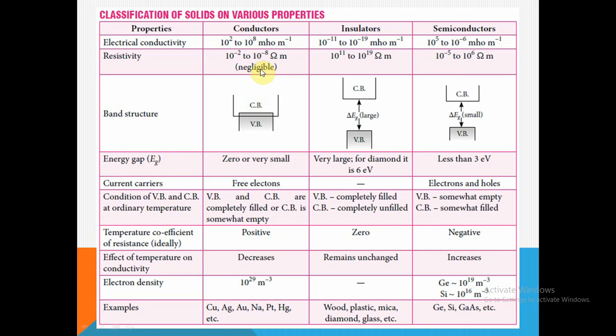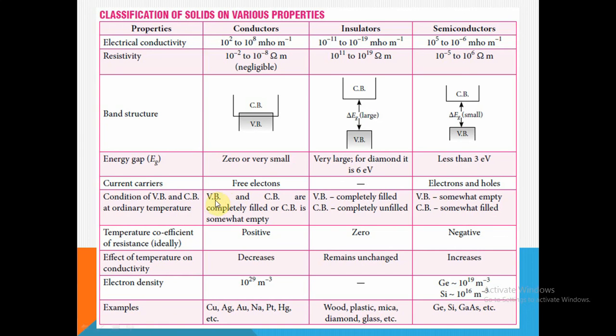In case of conductors, the charge carriers are free electrons. But in case of insulators, there are no charge carriers. In case of semiconductors, the charge carriers are either electrons or holes. The next property is the conduction band and valence band at ordinary temperature.